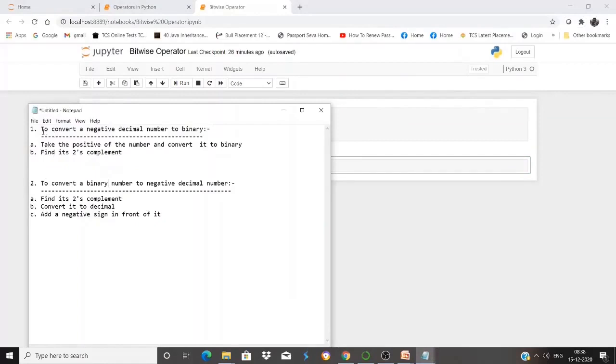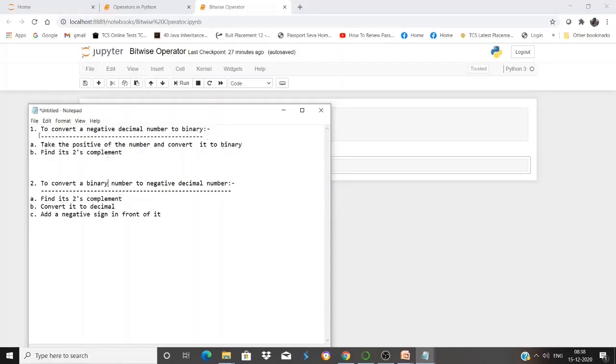First, to convert a negative decimal number to binary, these are the steps you have to follow. You have to ignore the sign, that is, take the positive of the number, then convert it to binary, and then find the two's complement of that binary representation.